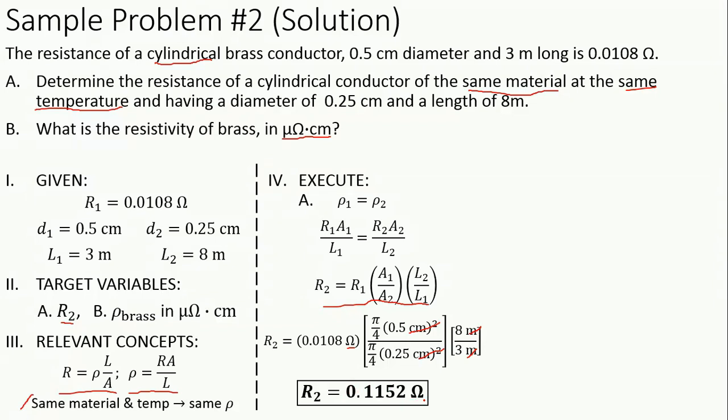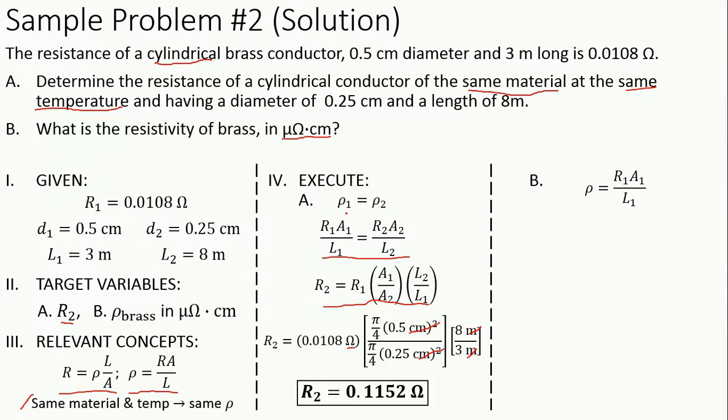And for letter B, rho is equal to RA over L. As seen in this equation, we can use either side of the equation.